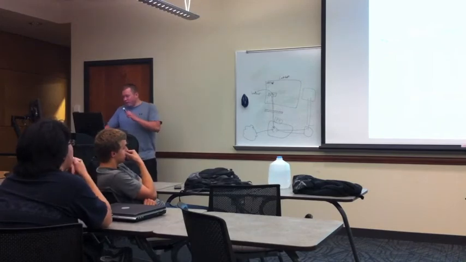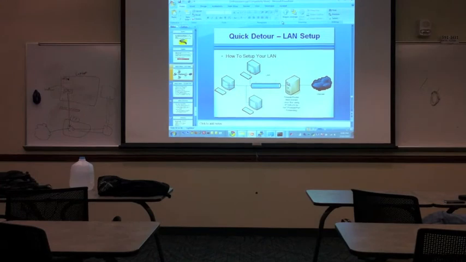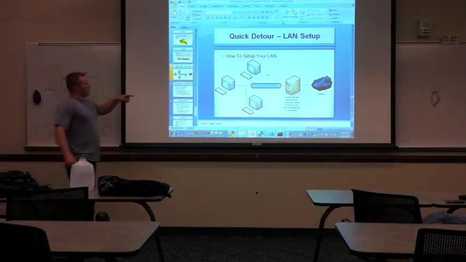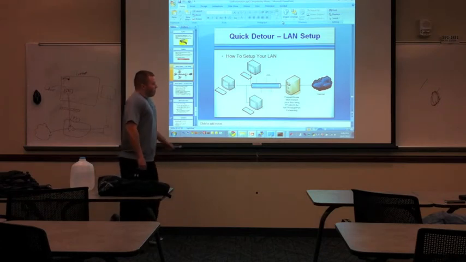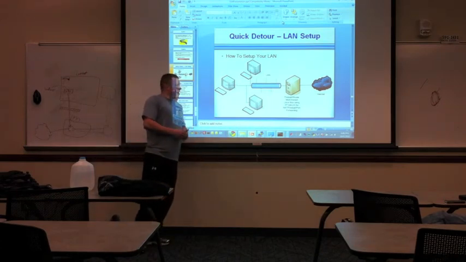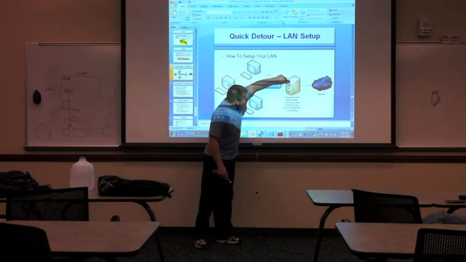The very last thing I want to talk about, before the other very last thing I want to talk about, is how to set up your own LAN at your apartment or whatever. A very useful thing to have at the gateway of your apartment is a Linux firewall, a Linux box.